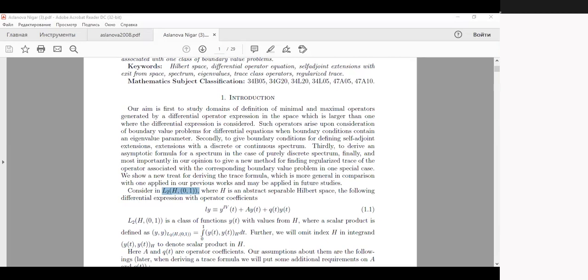For example, if in place of H stands another L2(a,b), then that space turns out to be L2 on the Cartesian product of the rectangle with (0,1), such kind of functions.